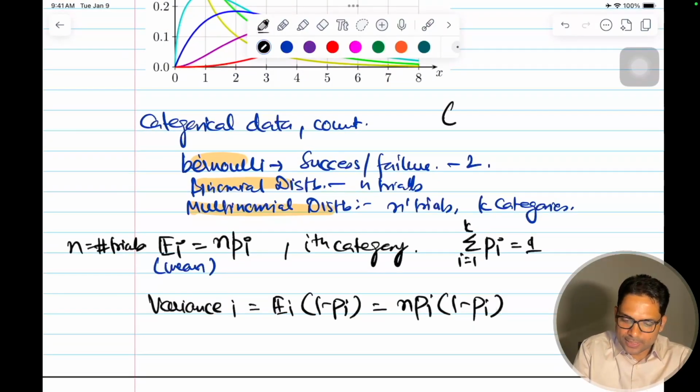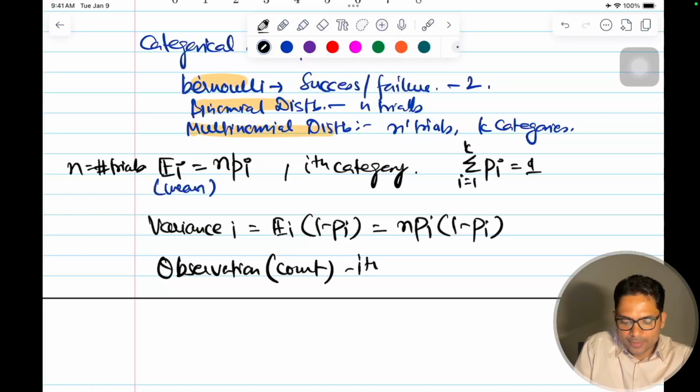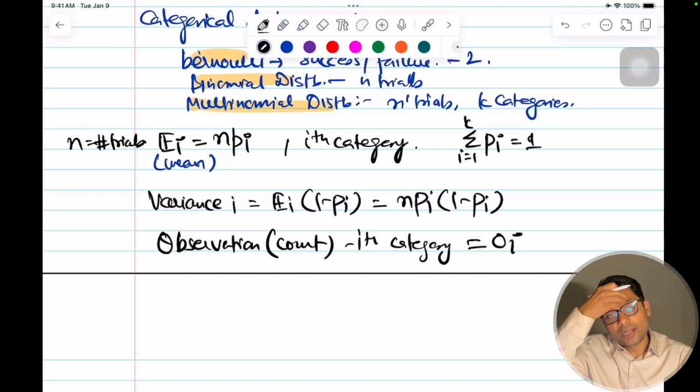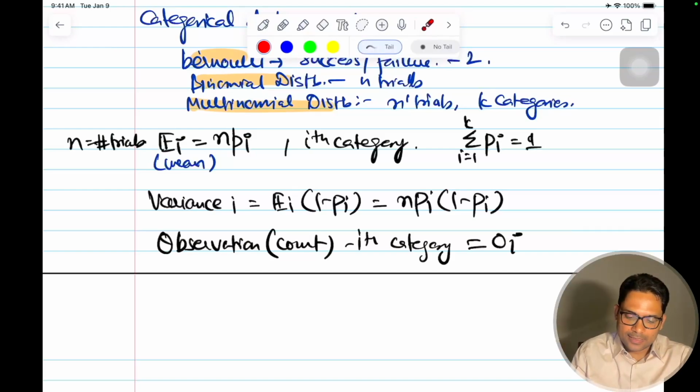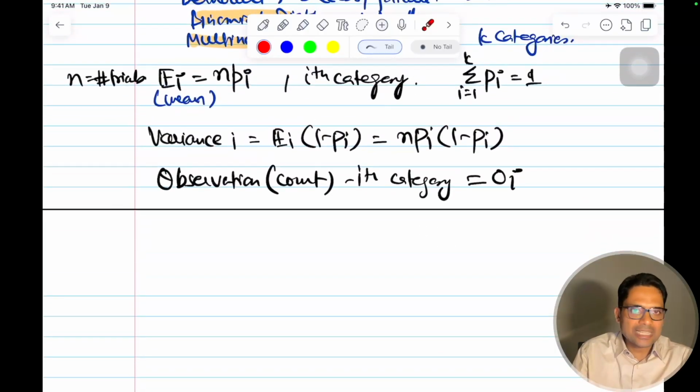Let the observed count for the ith category be O_i. As n increases, according to the central limit theorem, this multinomial distribution can be approximated as a normal distribution with the same mean and variance.